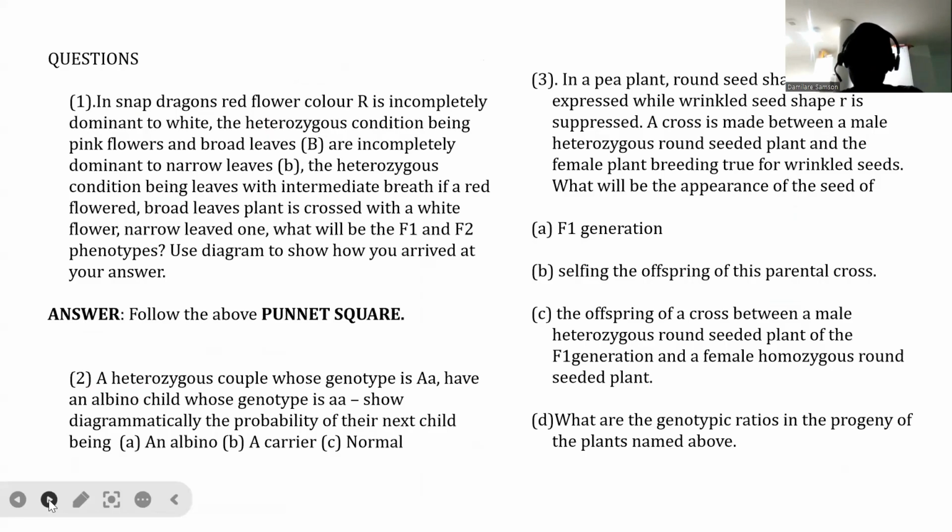So, question now. We've talked about monohybrid inheritance and dihybrid inheritance, and from those 2 parts alone, there are a lot of questions to ask you. So let's look at an example here now. In Snapdragon, red flower color R. Now they've told you that the red flower color is represented by an allele, which is R, and is incompletely dominant.